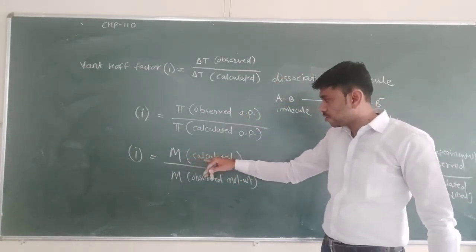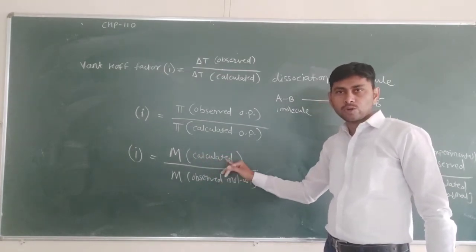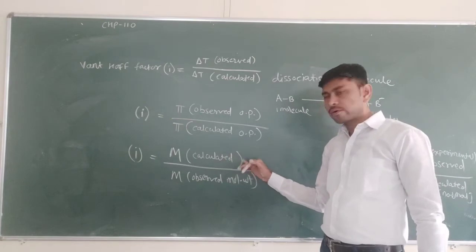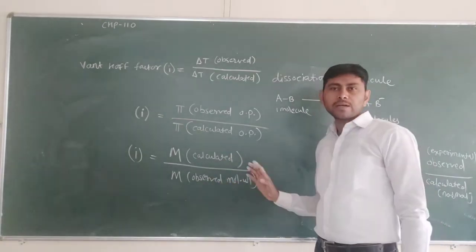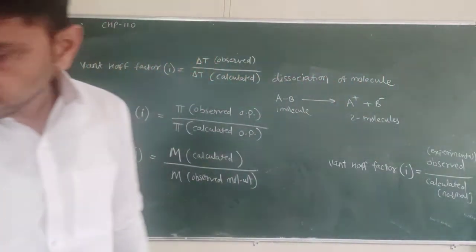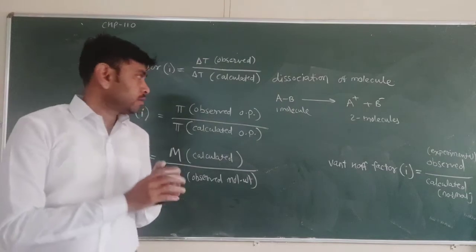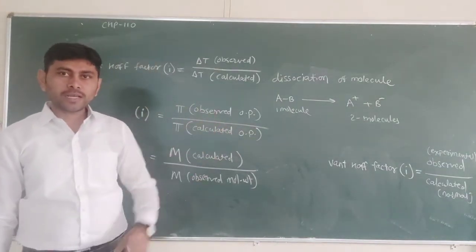So the ratio here is the Van't Hoff factor i, indicated by the calculated value, the theoretical or normal value, to the observed or experimentally determined value. So this is Van't Hoff factor i, which determines the ratio of observed and calculated value.